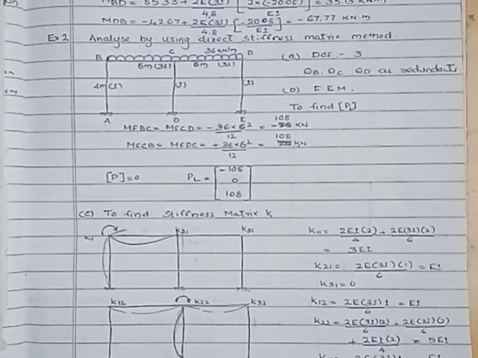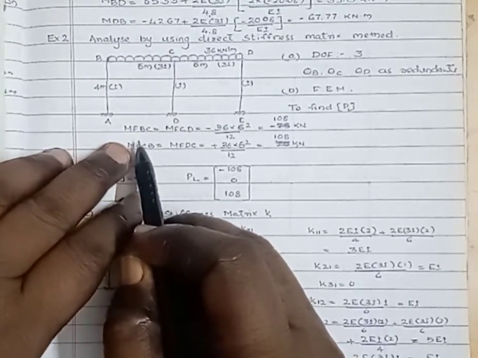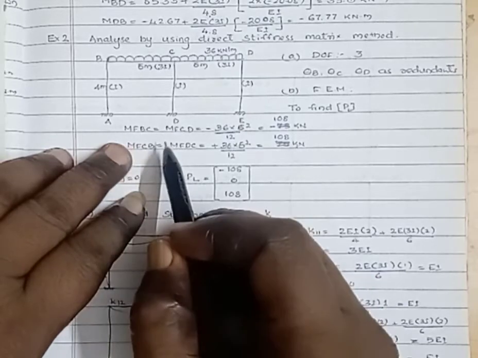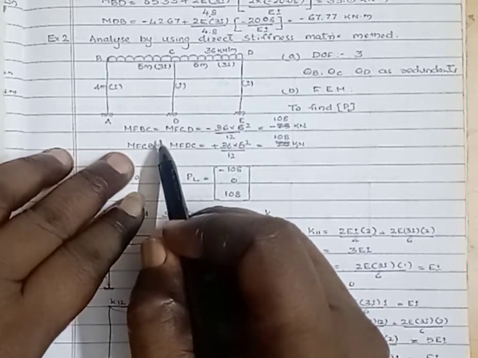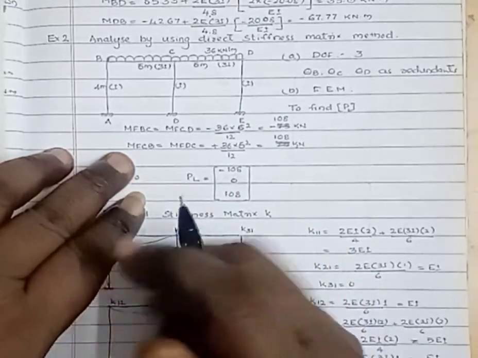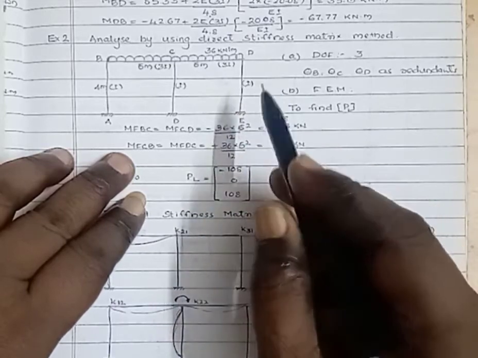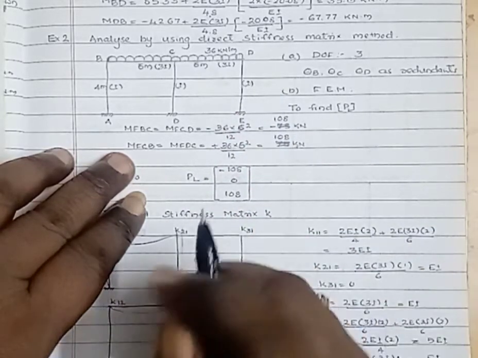The next step is to calculate the fixed end moment due to load, to find the vector of loads, that is PL. Here the vertical members are not subjected to any loads, hence the fixed end moments MFAB, MFBA, MFCD, MFDC, MFDE, MFED are equal to 0 since no loads are acting.